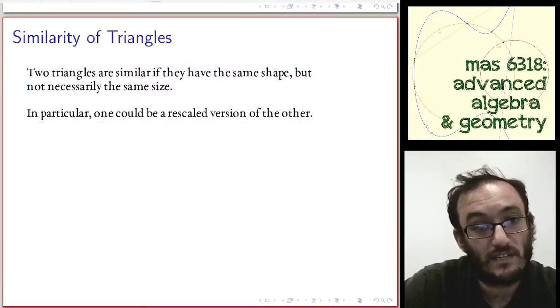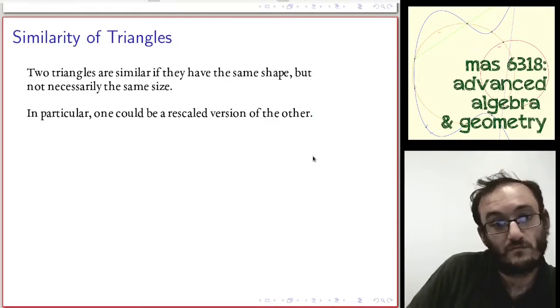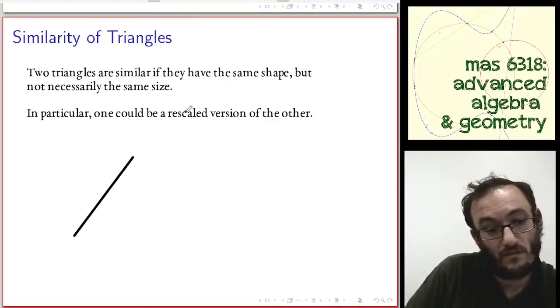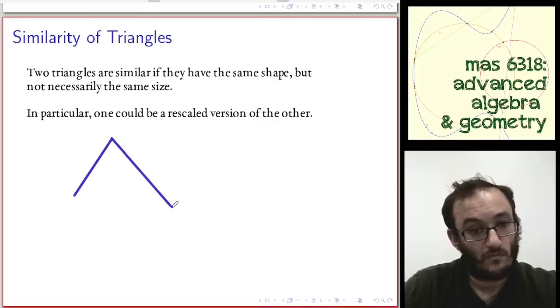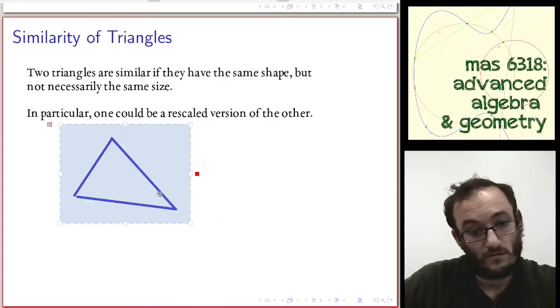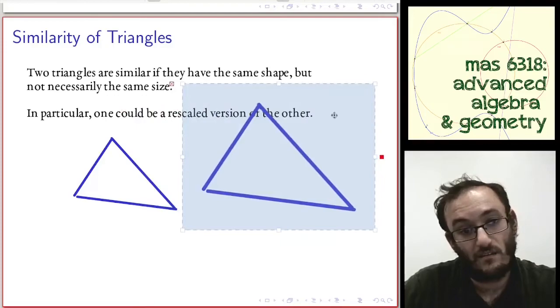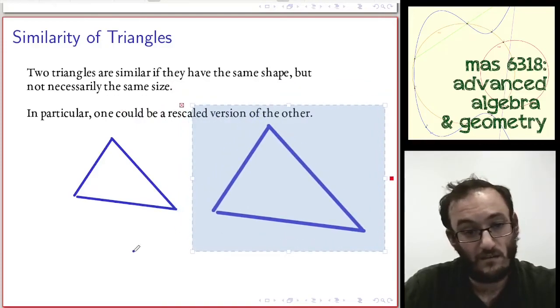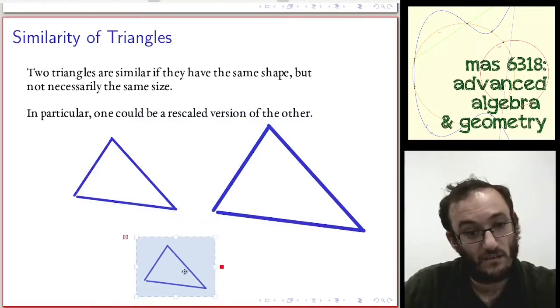Let's draw an example of that. We'll take this triangle and we'll scale it in a faithful way, or we can scale it down similarly.